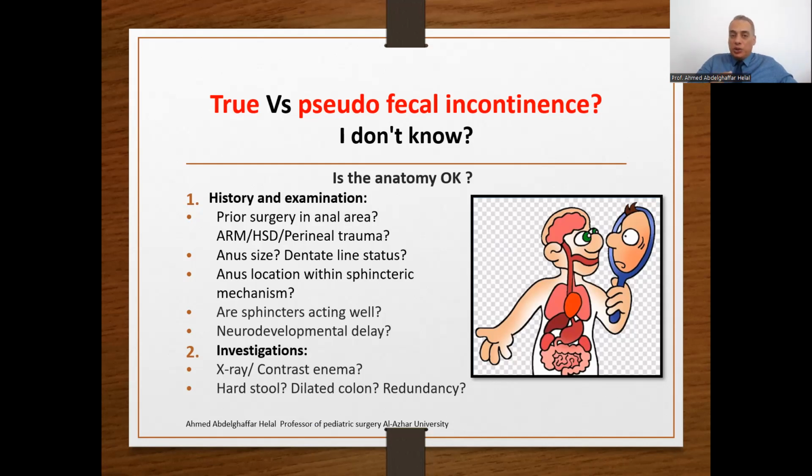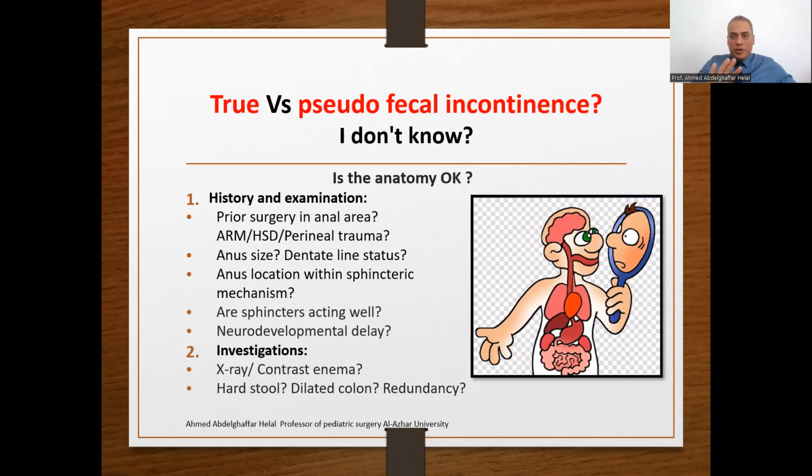So it's very important to ask the question: is the anatomy okay, to differentiate between both types? Otherwise, you will prescribe a wrong treatment. You will treat a child with constipation as a true fecal incontinent or treat a child with true incontinence as constipation. Investigation, the basic investigation is an X-ray and contrast study.